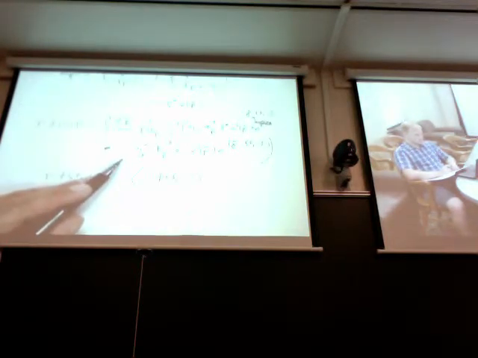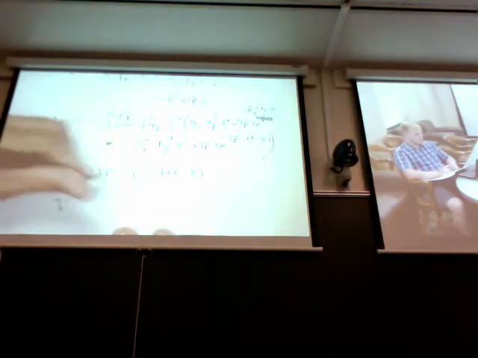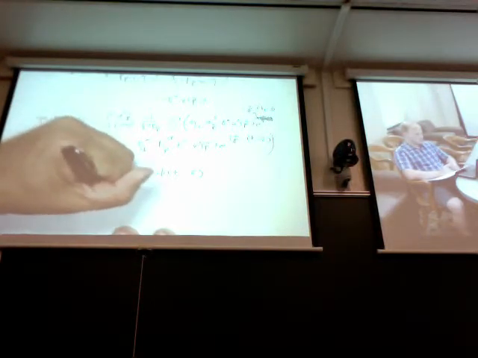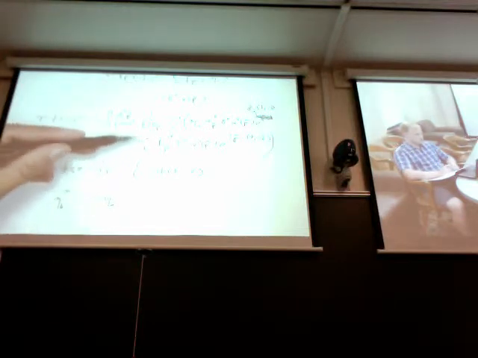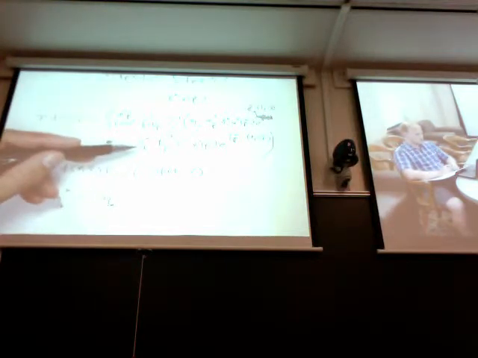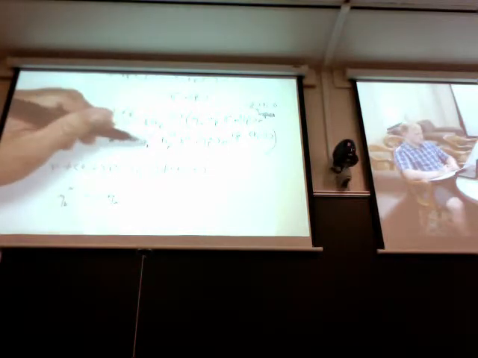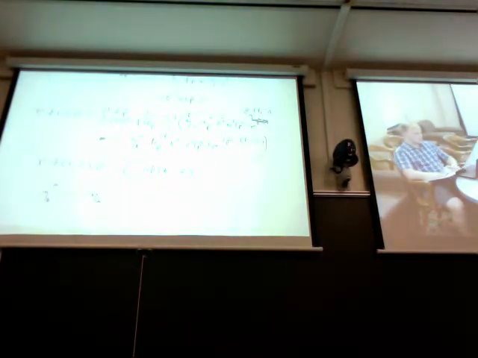And if you stare at it hard enough, you notice that if I take η b star equal to minus η a, if I replace this guy with minus η a, then I get something that I can pull out in front. And that thing that I can pull out in front is η a times this gamma 0. Okay?